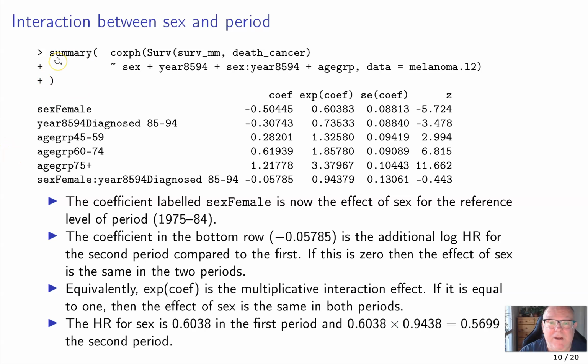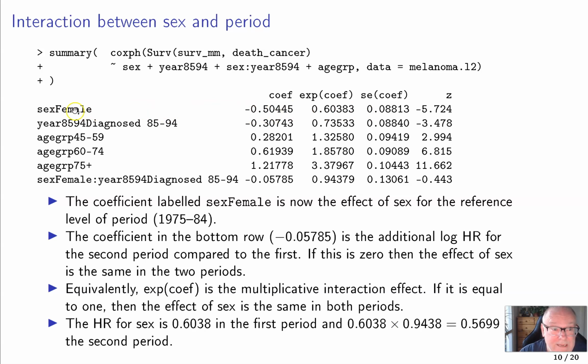Here we're fitting the model. We're putting in sex, we're putting in year, and we're putting in age group, and we're now adding the interaction effect between sex and period. Here are our parameter estimates. The estimates for the variable sex now look exactly the same.